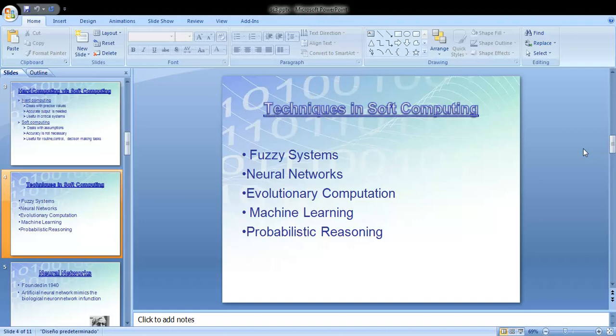I think neural networks are very common nowadays, because AI is a buzzword in the market, so that term is common, as is machine learning, but evolutionary computing, fuzzy systems, and probabilistic reasoning are not that common, but this is the base. So we will take these terms in detail.